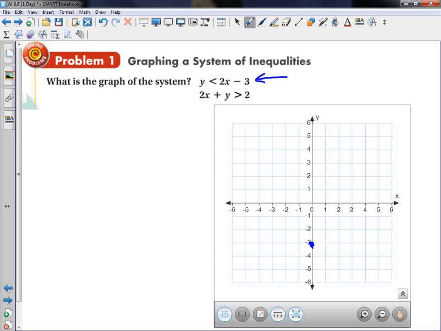From there, my slope is up 2 over 1. And we said that was a dotted line. And if I look at that, it's y is less than, and we know the less than is going to be underneath.